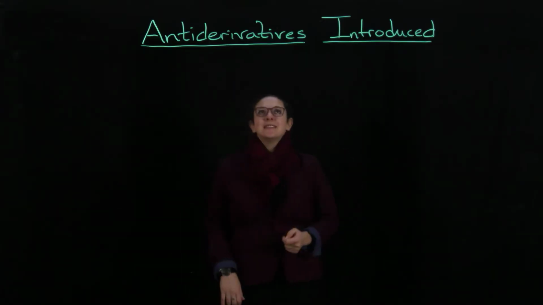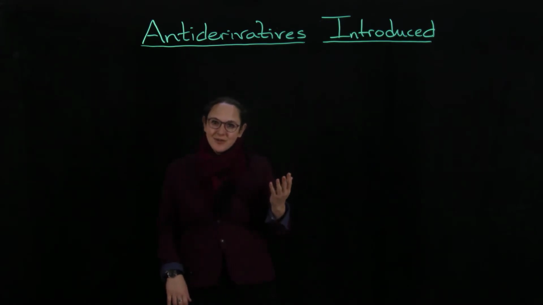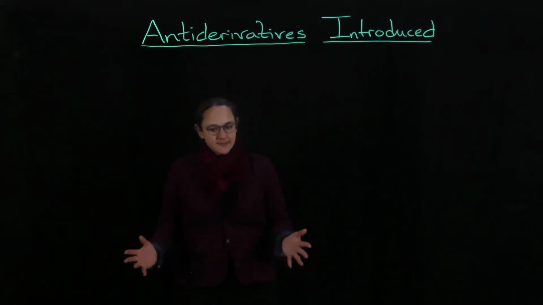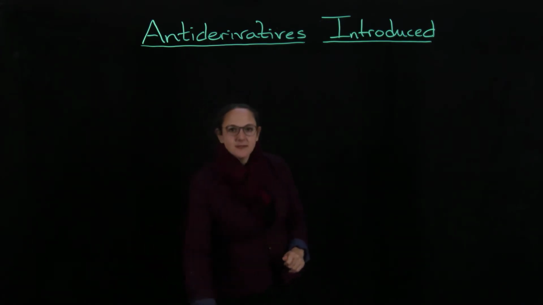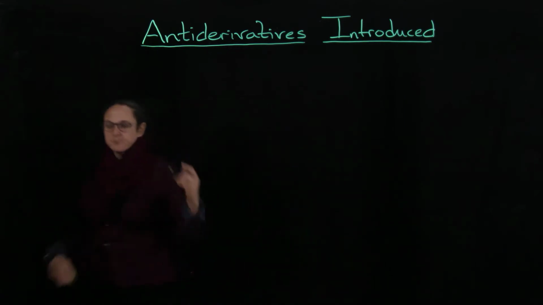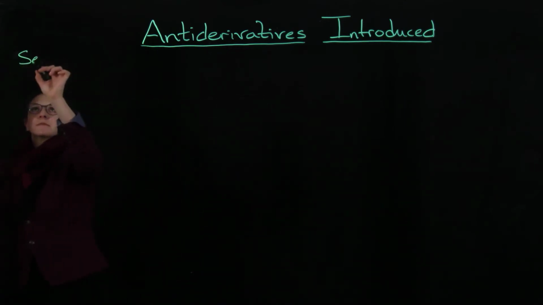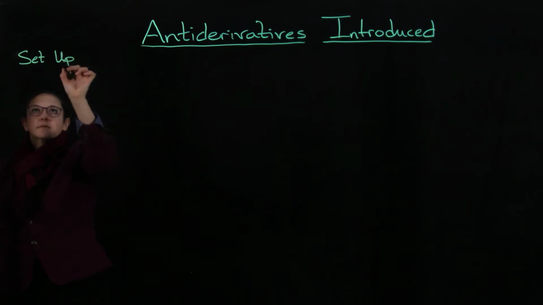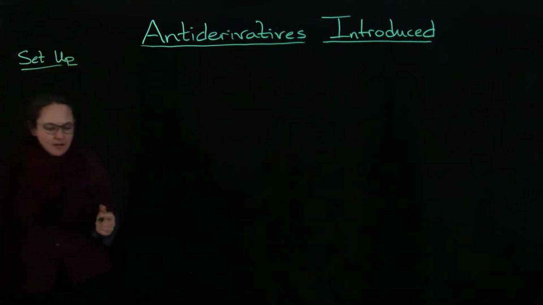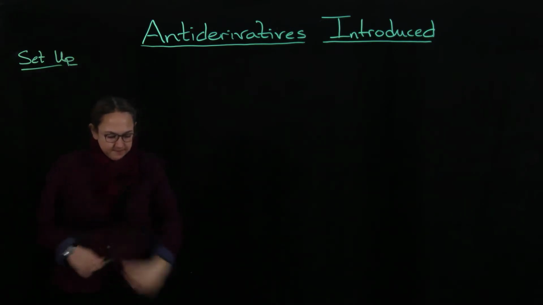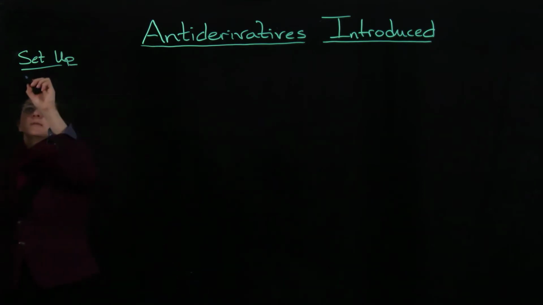Welcome. In this lecture, we're going to talk about antiderivatives, which are really, in some sense, how we're going to integrate. So let's do our setup first. We're going to start with a function. So f is going to be our function.